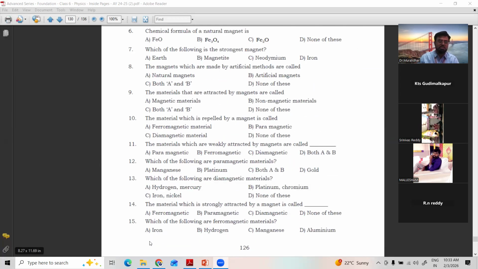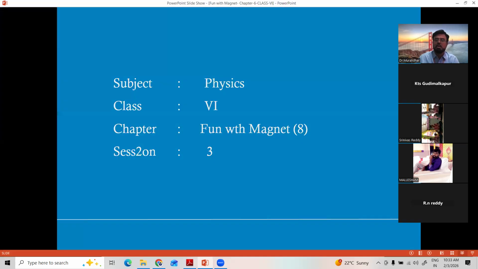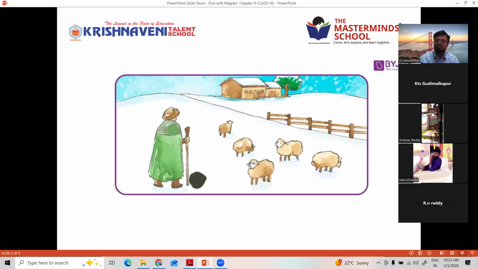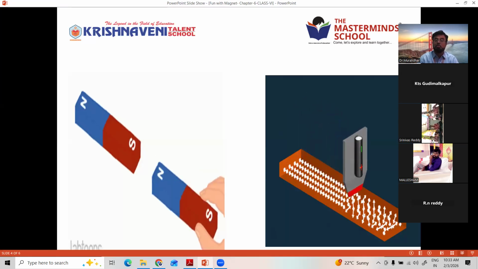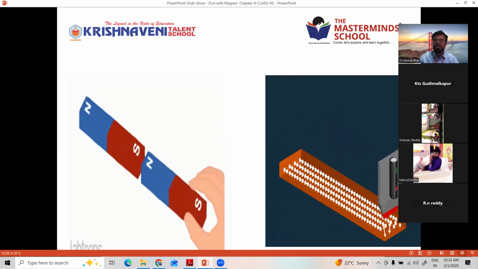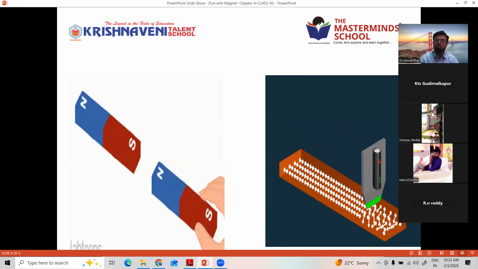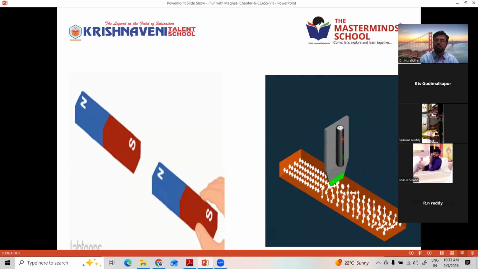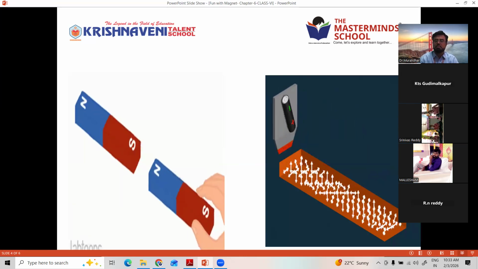What we have learned today is more about the magnetic properties and what the magnetic lines of force are. See here how the molecules are arranging. That is called magnetization. Whereas on the left side you can see south and north are attracting. So this is demagnetization.